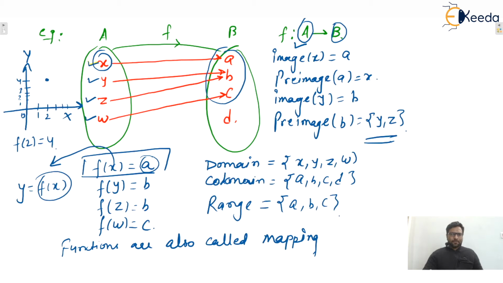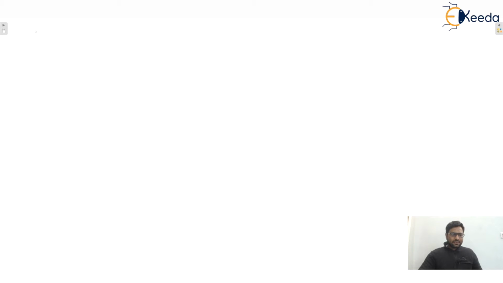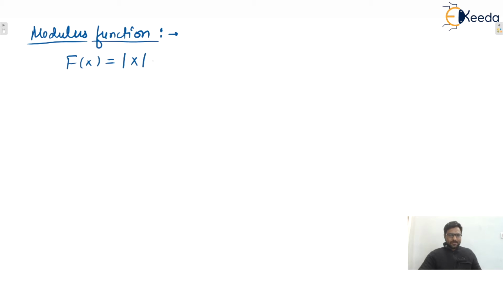So let us take some simple examples based on functions. Let us consider the modulus function. Let's say f of x equals mod x, and mod x can be defined as x if x is greater than or equal to 0, and minus x if x is less than 0.